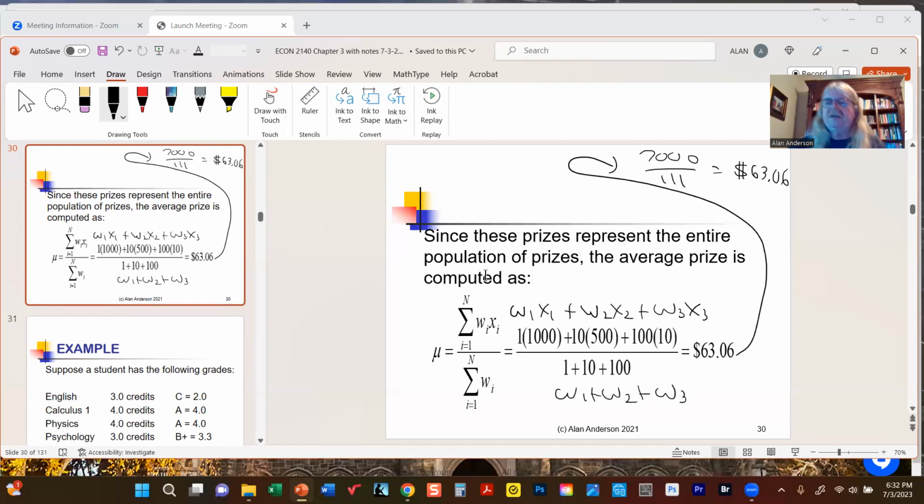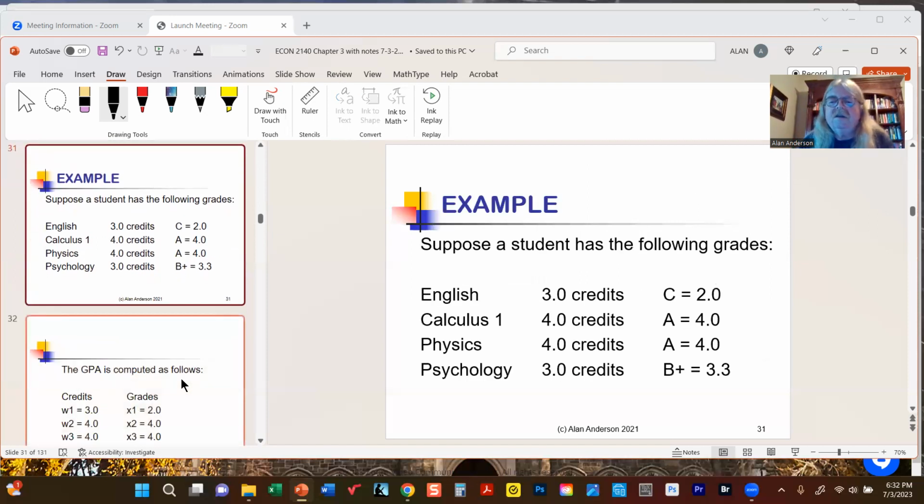All right, now here's an example that you're all familiar with, GPAs. As you know, or maybe you've never noticed this before, the grades on the right, the letters, correspond to numbers. But I'm sure you noticed this when you looked at your schedule: not every class is worth the same number of credits or credit hours.